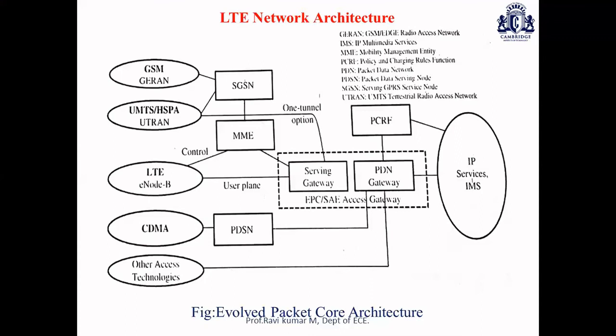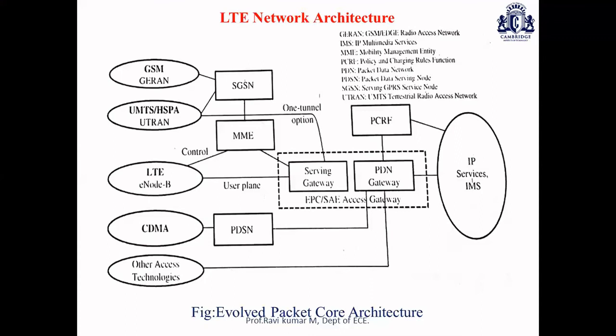The serving gateway acts as a demarcation point between the RAN, radio access network, and the core network. It also manages user plane mobility. The serving gateway does downlink packet buffering and also the initiation of network-triggered aspects.